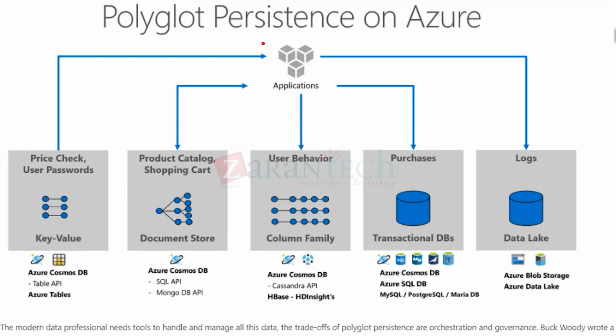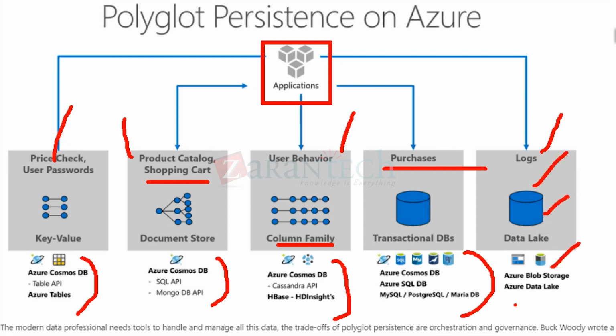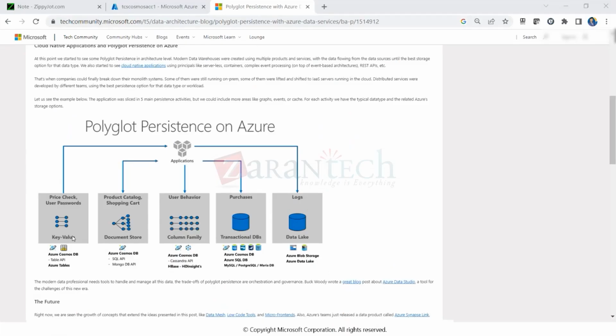Every modern cloud application needs key value pairs also. You want a document store for product catalog, shopping cart kind of applications; here you have options. For user behavior, you need column family; you have options in Azure. For purchases and transactions, RDBMS. For logs, object data, data lake, blob storage, you have these many options. The same application is talking to all these different disparate data stores and storage services.